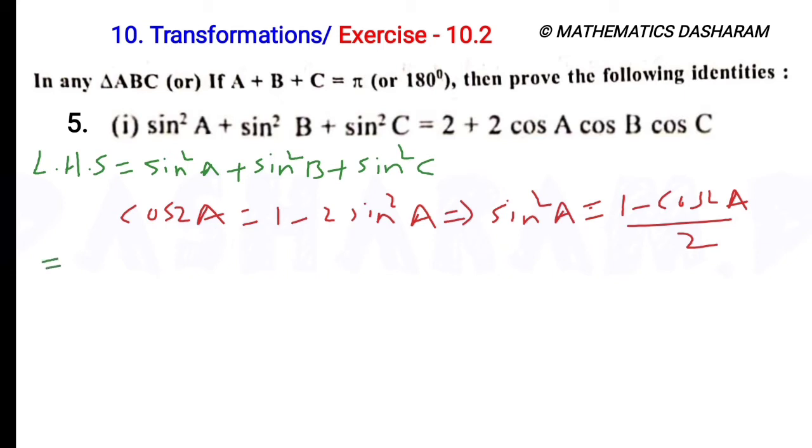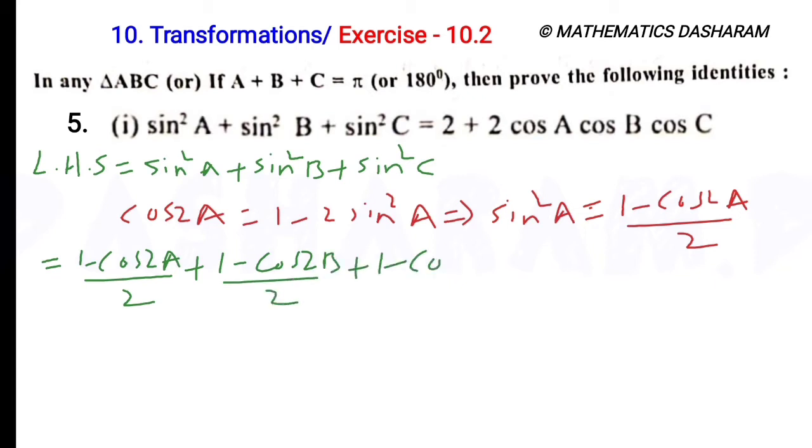So then it is equal to (1 minus cos 2A) divided by 2 plus (1 minus cos 2B) divided by 2 plus (1 minus cos 2C) divided by 2.